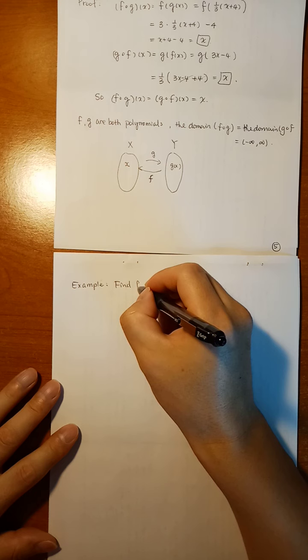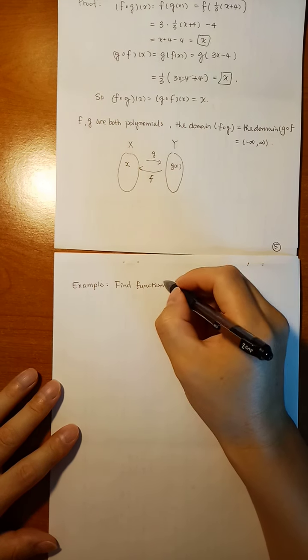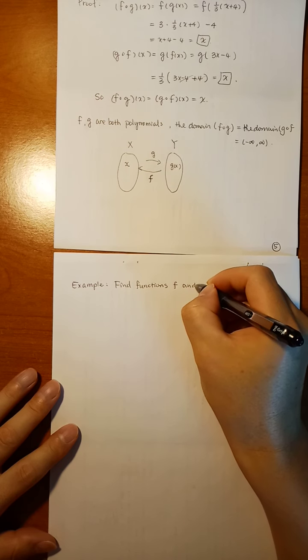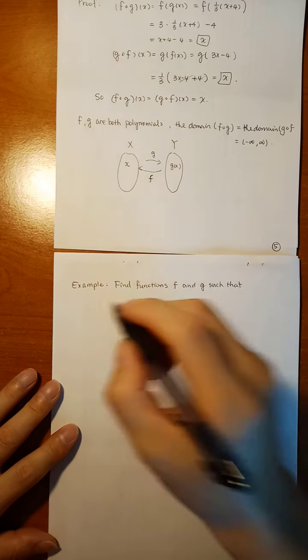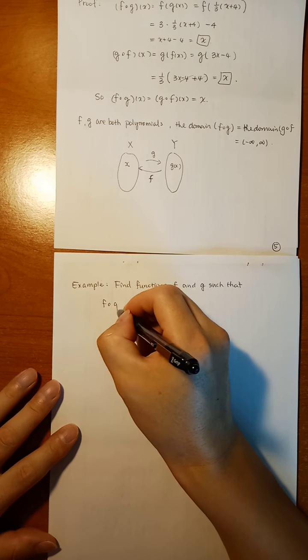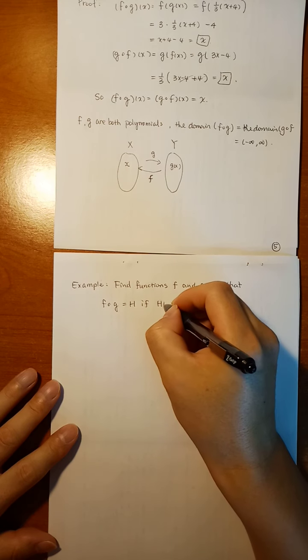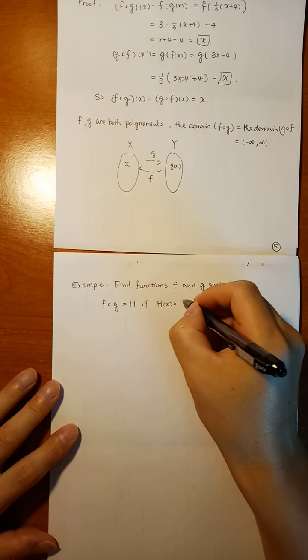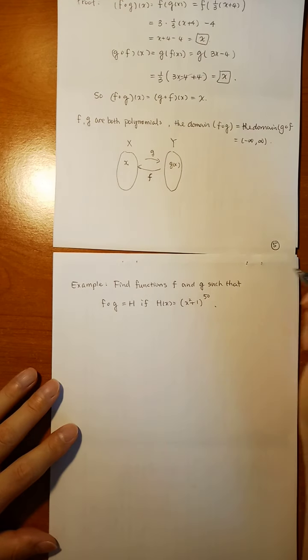Find functions f and g such that f composed with g is equal to h, if h of x is equal to x squared plus 1 to the 50th power.